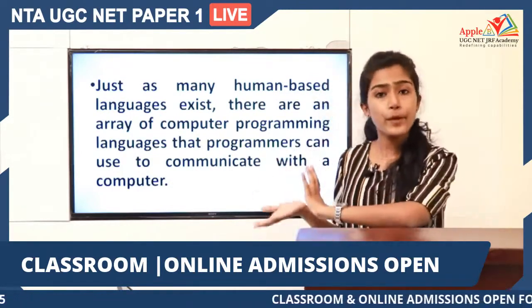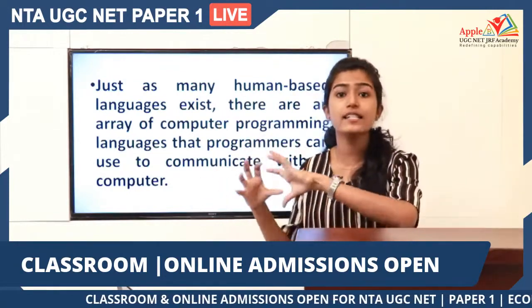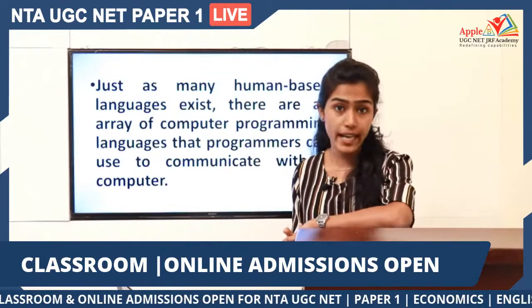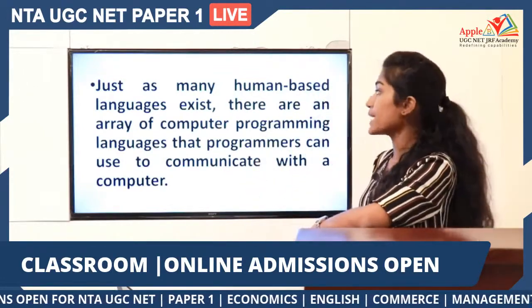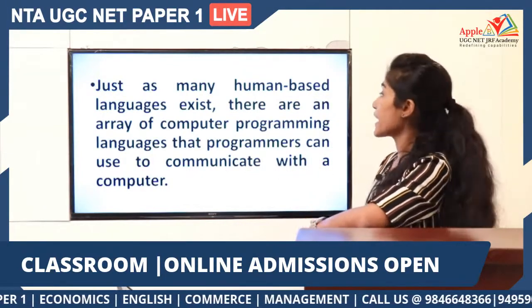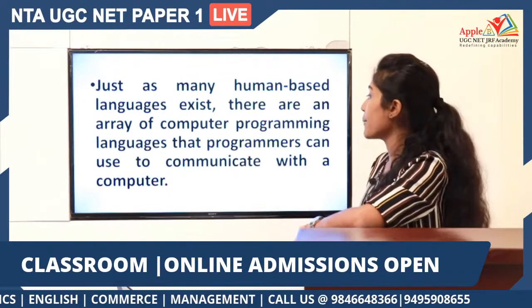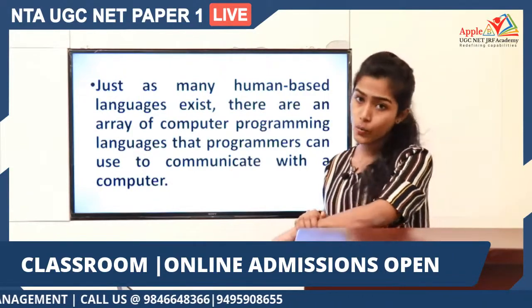Likewise, computer programming languages are also a group of languages. There is an array of computer programming languages, or you have different types of computer programming languages. Just as many human-based languages exist, there are an array of computer programming languages that programmers can use to communicate with a computer.